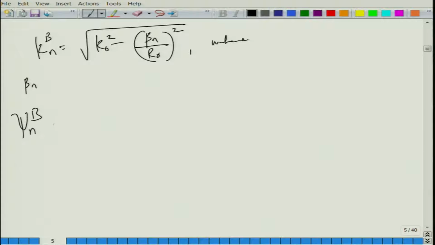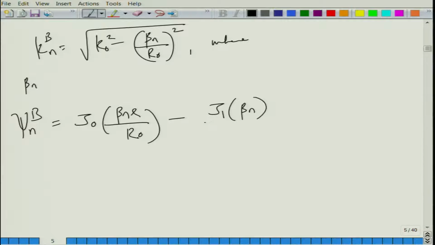So, this is nothing but your Bessel function, this thing where this is beta n r by r naught, okay, and here you will have your J1. Now, these are all obtained by some identities for Bessel function, and here you will have the Neumann function for the first time, because the origin is not included here.